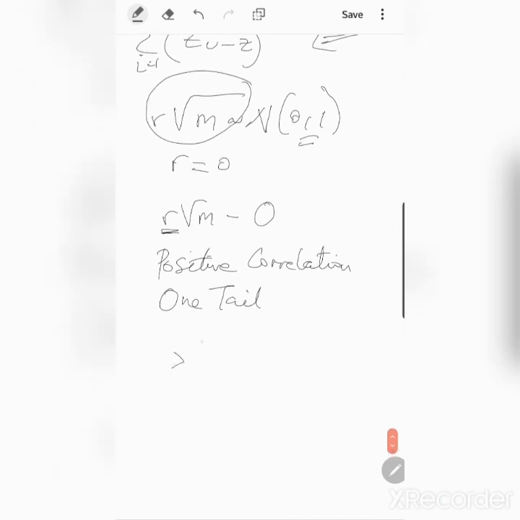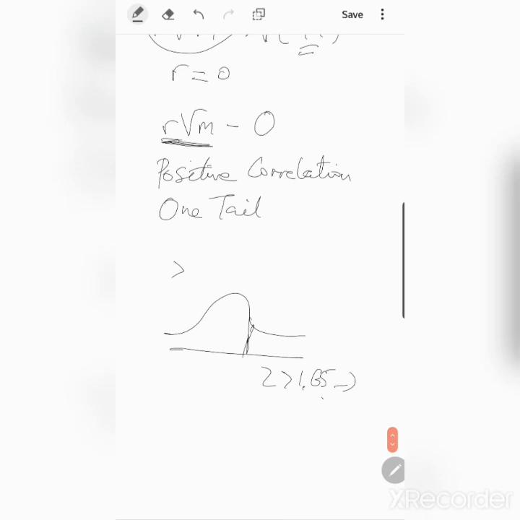Because it's a one-tailed test, I'm looking at the 5% level itself. So if my calculated z value, which is R times the square root of M, is greater than 1.65, then I will reject the null hypothesis and say that serial correlation is present in the data. Otherwise, I don't have sufficient evidence to reject the null hypothesis. Then I cannot say that any significant positive correlation in the data is coming up.